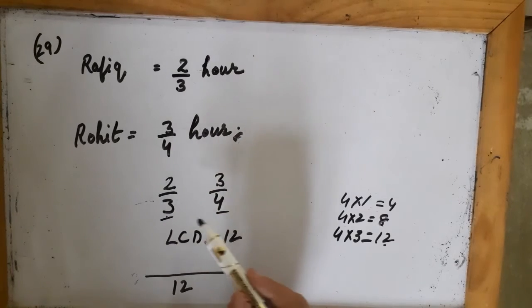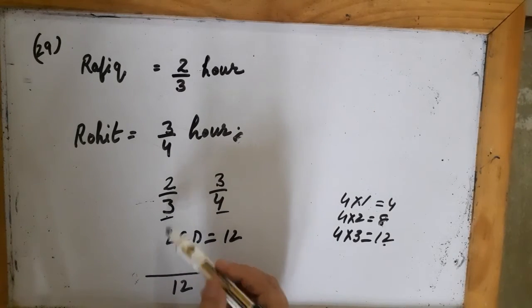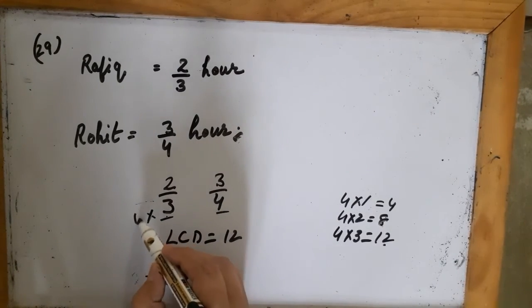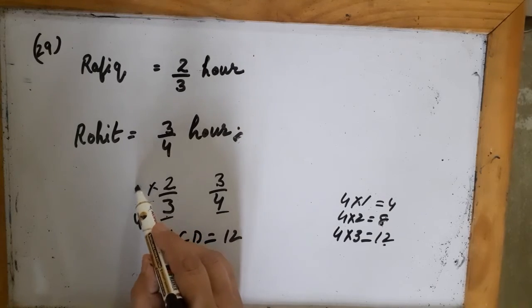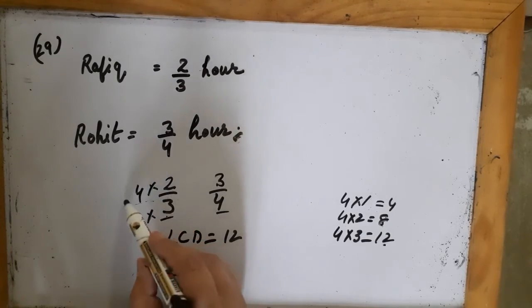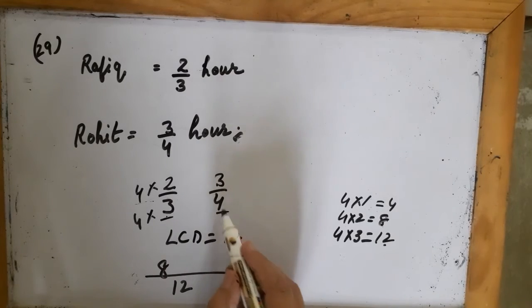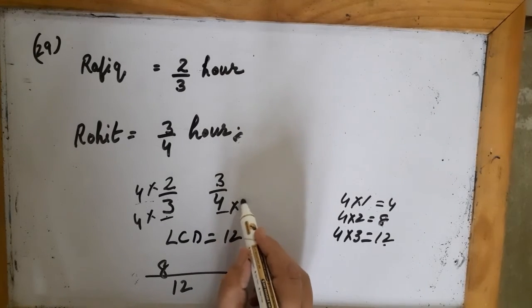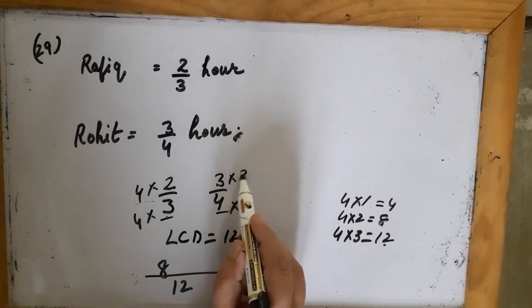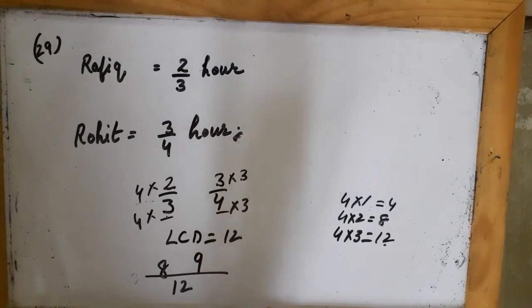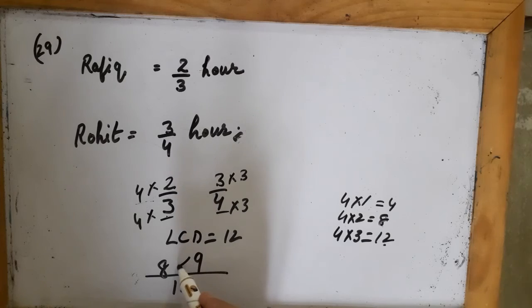Now I have to change the numerators. How will 3 become 12? By multiplying by 4, so the numerator also I multiply with 4. 2 4s are 8. Now 4, how will it become 12? By multiplying by 3, so the numerator also I multiply with 3. 3 3s are 9. So which number is bigger? 9.